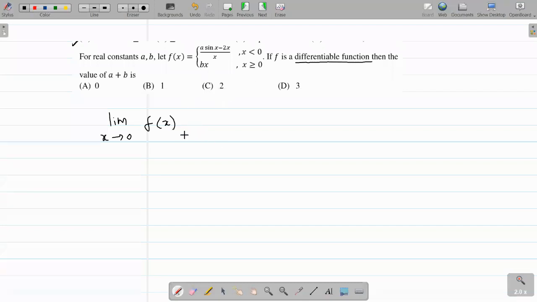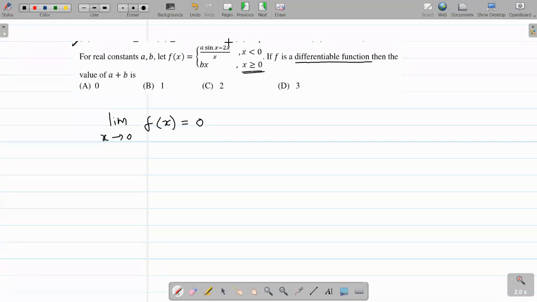Now, how much is f of 0? Tell me. F of 0 is 0, because you see this is the rule, b times 0. So this limit is 0.